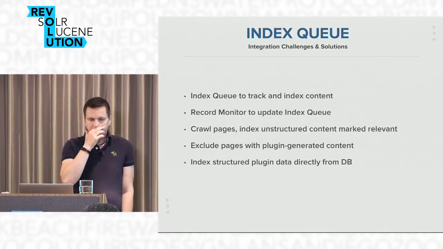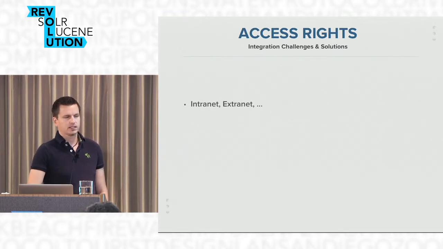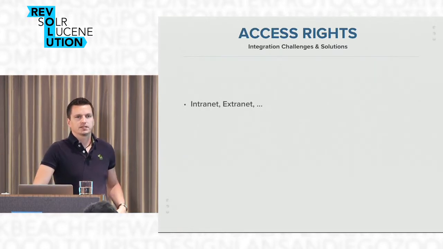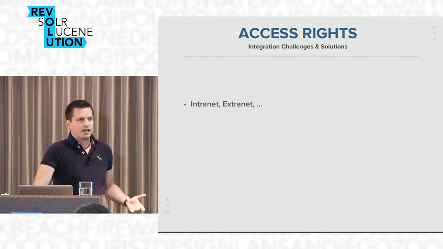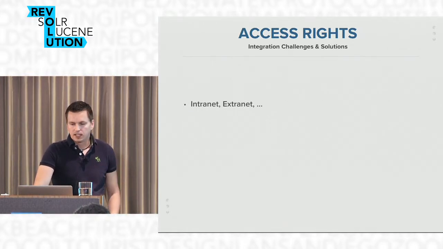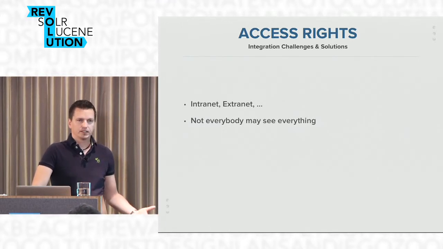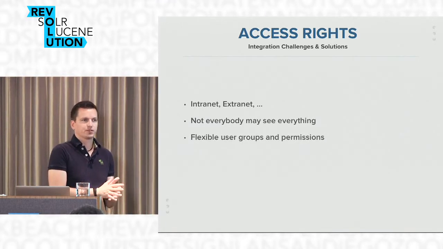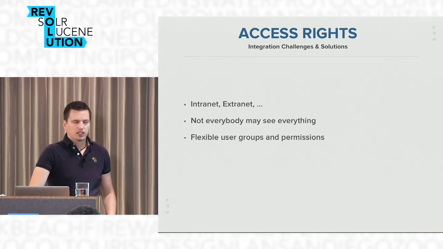Next challenge for us was dealing with access rights. So obviously, with a content management system that is used in intranets and extranets, you don't want everybody to see everything. And since we had to deal with a flexible system of user groups and user permissions, there was an issue.